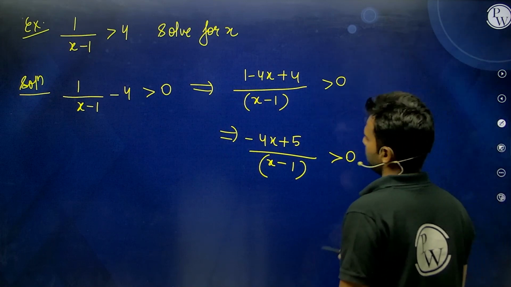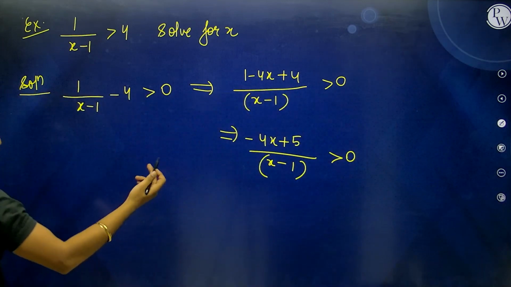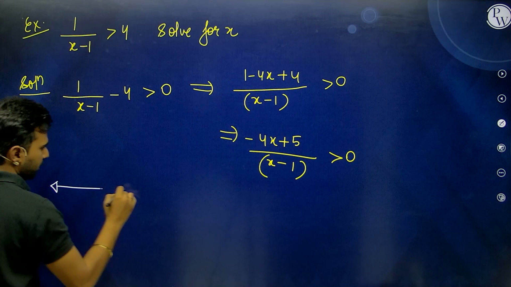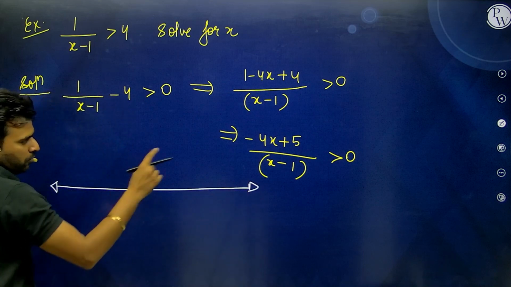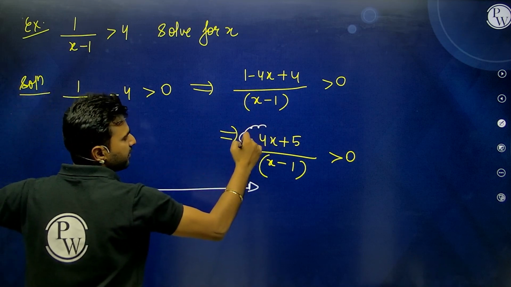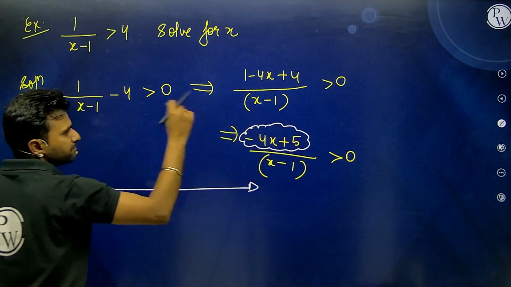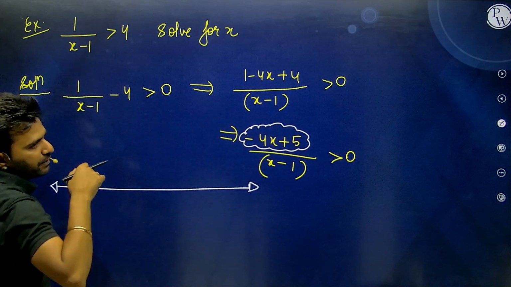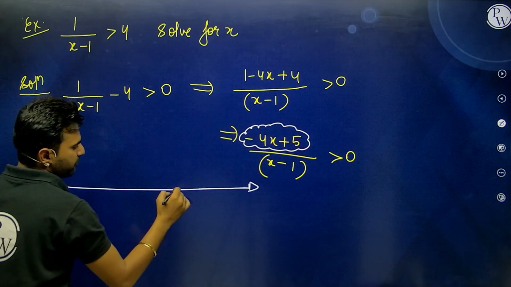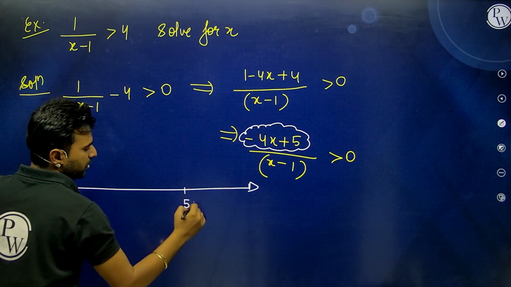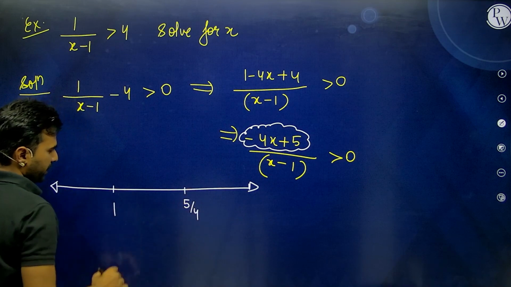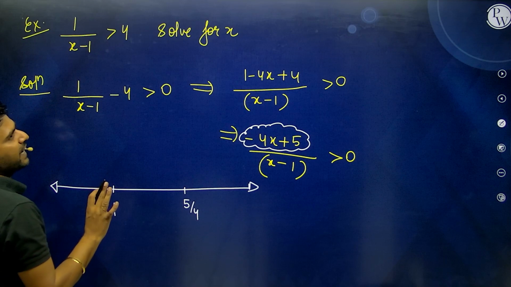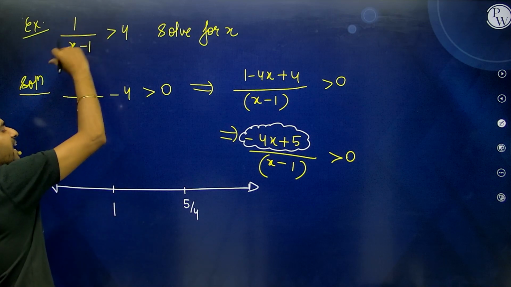How to solve this? Since linear expressions are created, we make each linear expression equal to 0. So this will become 5 by 4, so 5 by 4 will come over here, and 1 will come over here. In mathematics, the denominator can never be 0, so x can never be equal to 1.